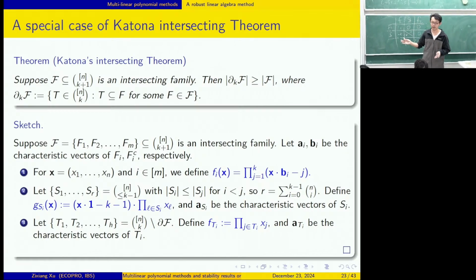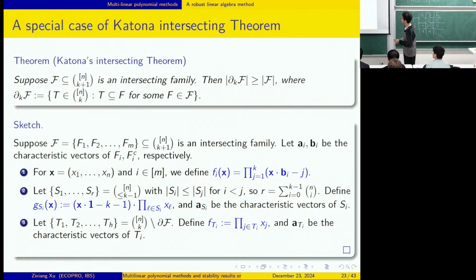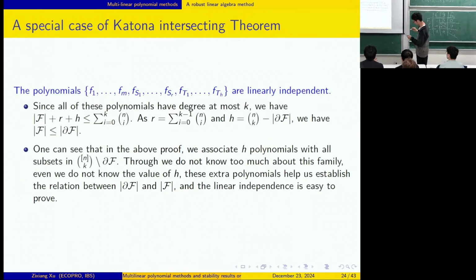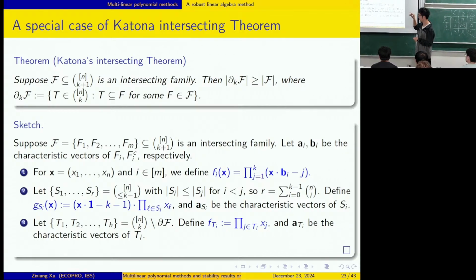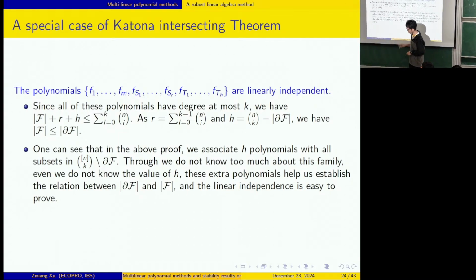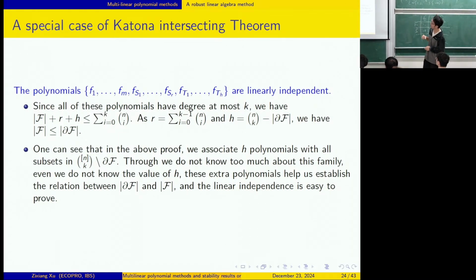However, to prove this statement, we can see each polynomial is in n variables and of degree at most k. So the total size of the space is the summation of n choose i, from i equals 0 to k.